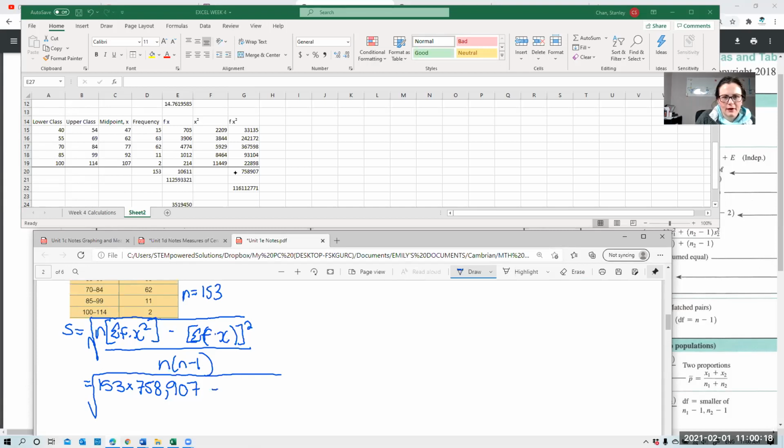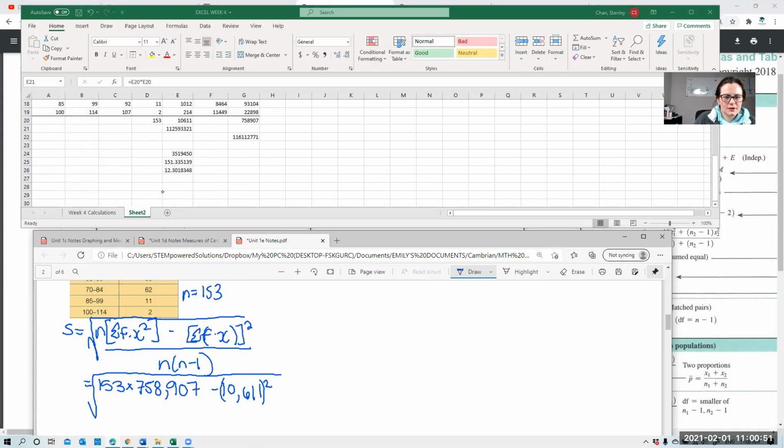I found a value right here in Excel, and f.x squared is this value right here. It's basically equal to 10,611 squared.